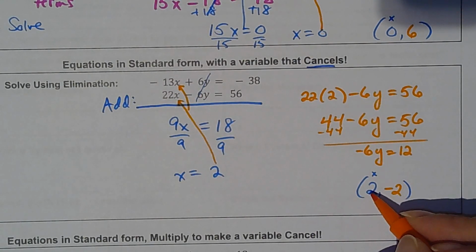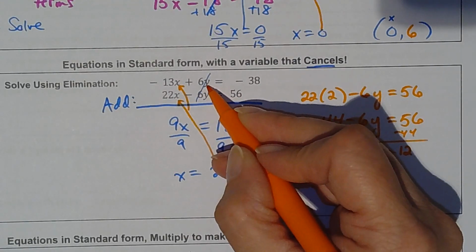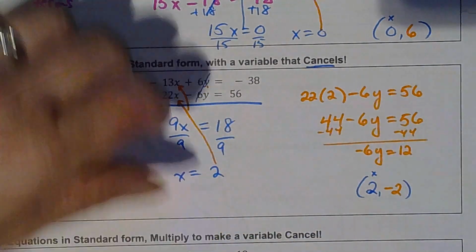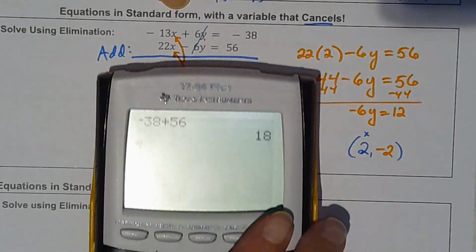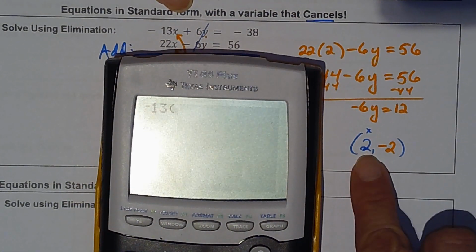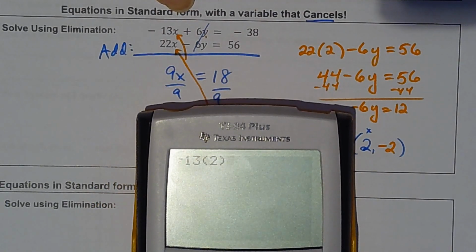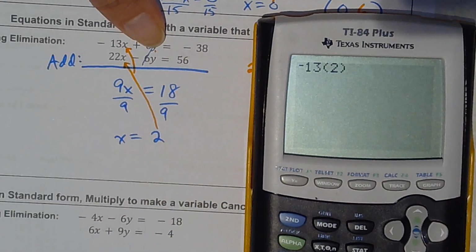Okay. We can check to see if this works. We can put the 2 into the x spot, the negative 2 into the y spot, type it in our calculator, and let's see if it makes negative 38. Negative 13 times our x value. There we go.